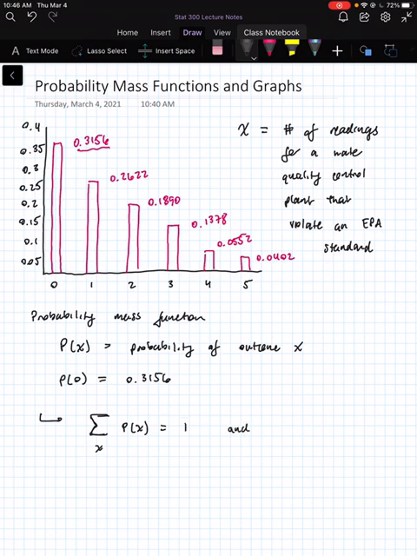And for each outcome, probability of that outcome needs to be between 0 and 1 inclusive, right? So no negative values, which is why when we represent these graphs, we're always going to have vertical bars that have a positive height.